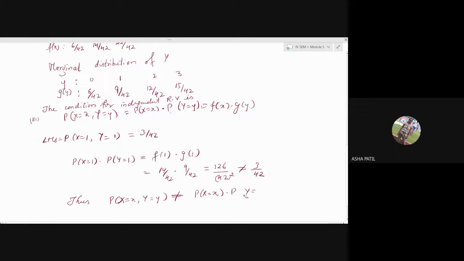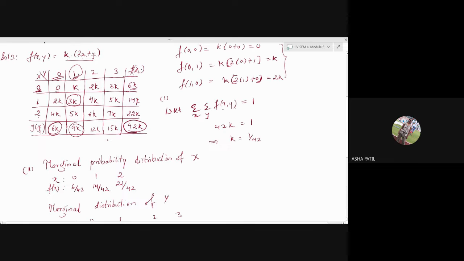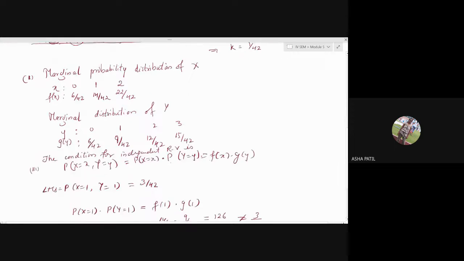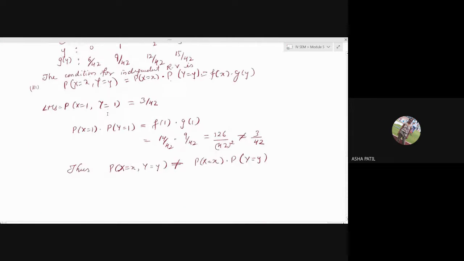If at all it does not obey for one value, you can say they are dependent. Sometimes it may obey for some value somewhere in the table, but if it obeys for all except one, then also we say that it does not obey. It has to obey for all the values, otherwise they are said to be dependent. Therefore, x and y are dependent.